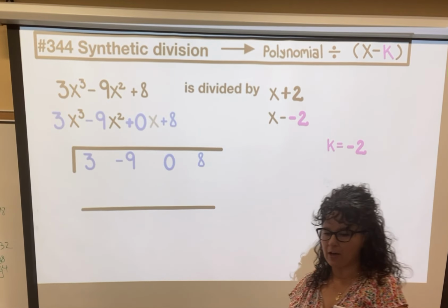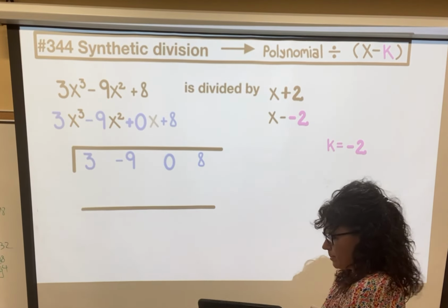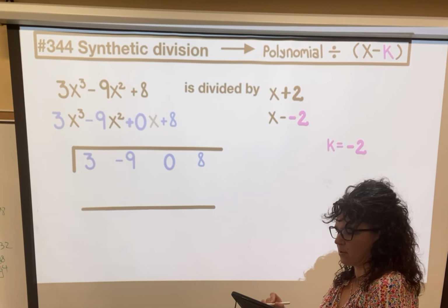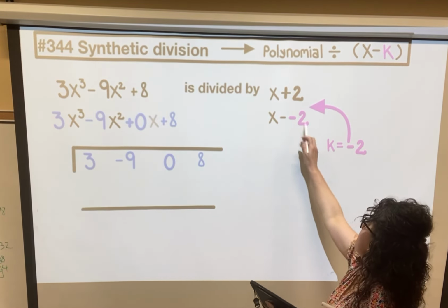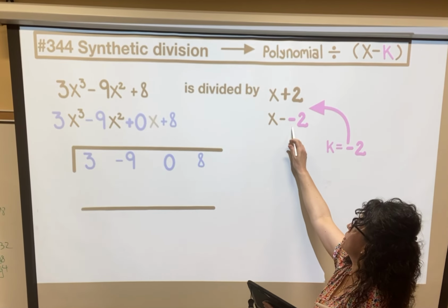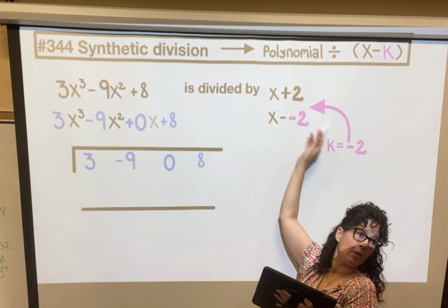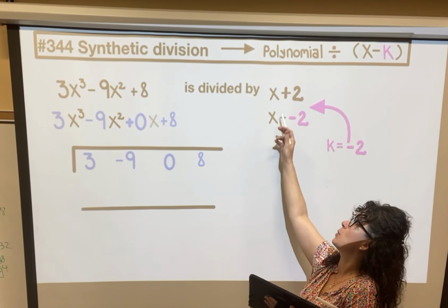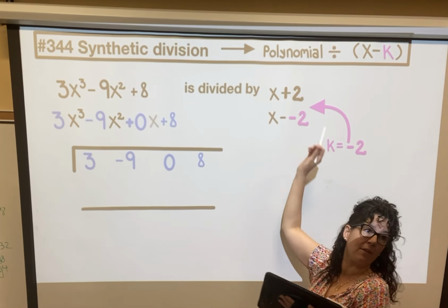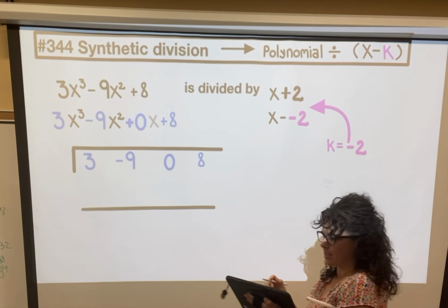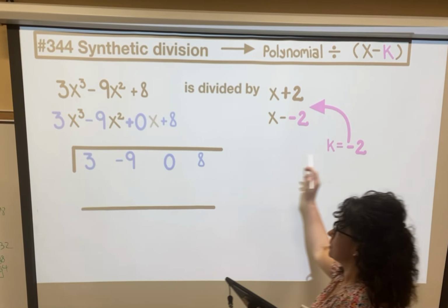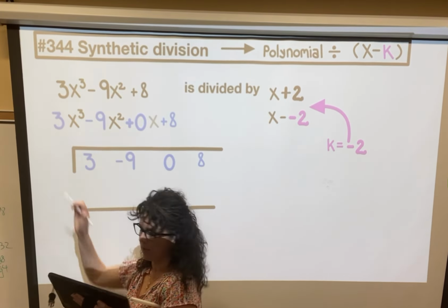So the k value is actually -2. So if this is plus 2, the k is -2. If this would have been, say, x minus 5, then the k value would have been positive 5. Right, so I'm going to take this -2 and put that right there.